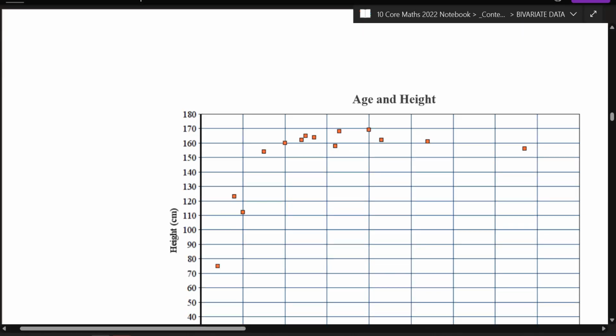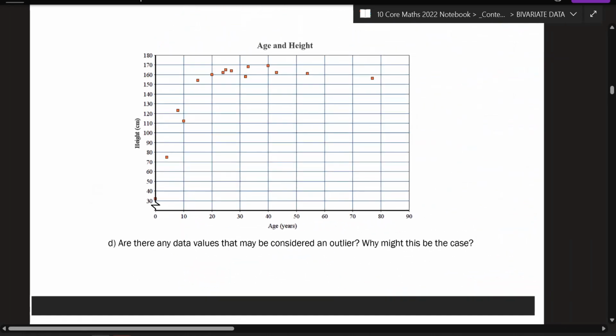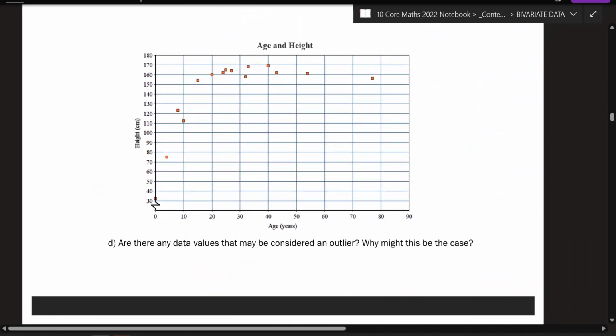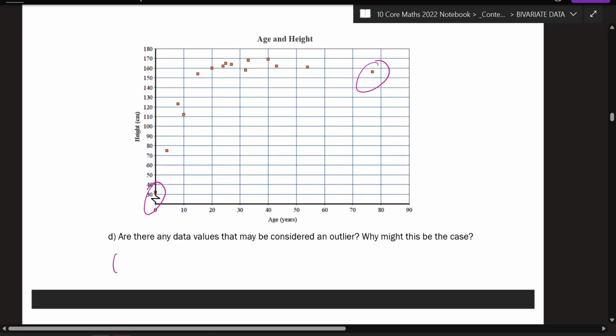Now, some of you mentioned, are there any values that could be outliers? Jamie and Elizabeth asked me that. They said, are there 2? There could be 2. Some might even say there's probably 3. It could be 1, 2, and 3. Possibly. But if you at least list out that this height and this height are probably outliers, that would be correct. So you're looking at 0, 32.